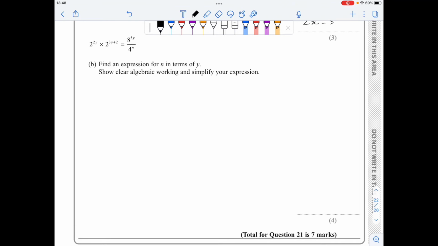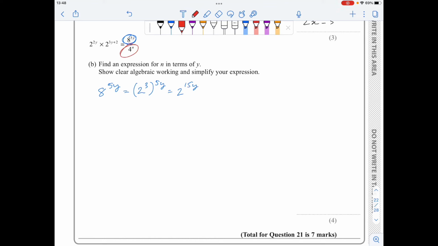For part B, I'll first convert everything as a power of 2. So this one, the top one, on the right hand side, 8 to the power of 5y becomes 2 to the power of 3 to the power of 5y, which is 2 to the power of 15y.